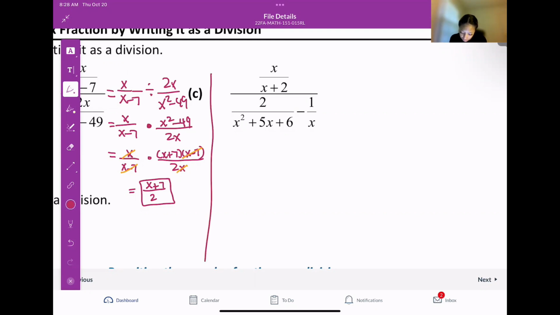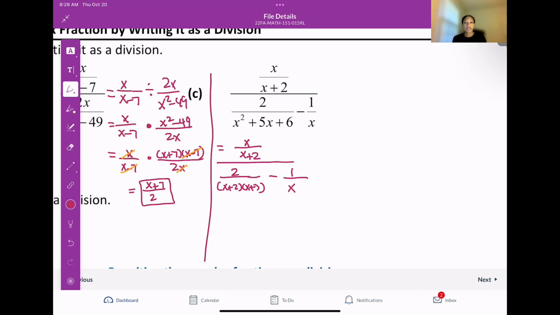Just want to make sure I have enough room. I'm going to run out of space over here, so we'll go to the side. The numerator is going to stay exactly the same for right now. We're not changing anything. That denominator is 2 over x plus 2 times x plus 3 minus 1 over x. So we have to find a common denominator.